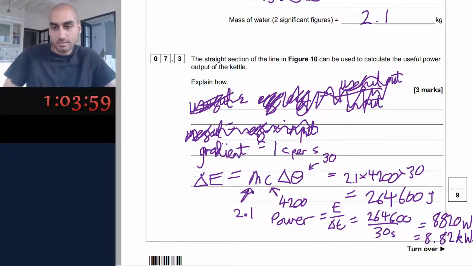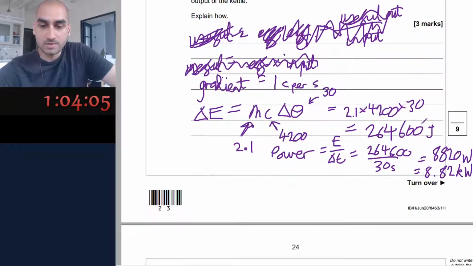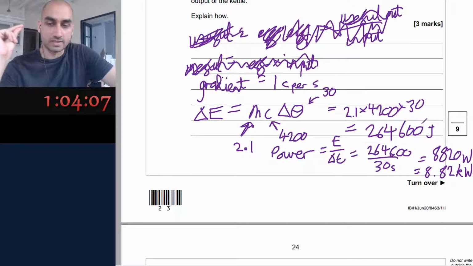Yeah, sounds plausible. Useful power output. So that's when it's at its best, like it's heated up, there's no loss of energy in the materials.